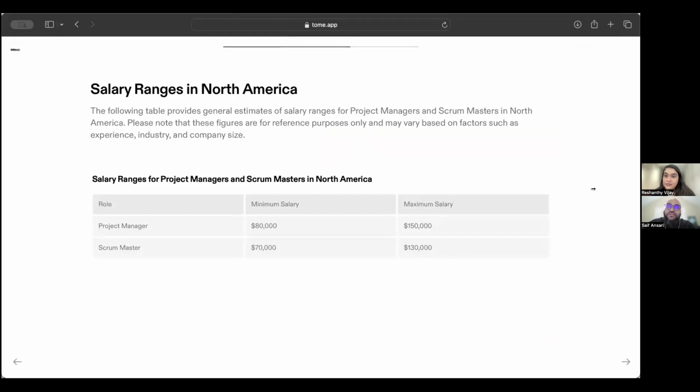But I will tell you, right now, current state within North America, specifically Canada, it's 100 plus easy. It's 115, 120 plus. But within North America, if you're looking at the US, once you translate that, it's pretty much six figures across the board. So there is a lot of money to be made here.